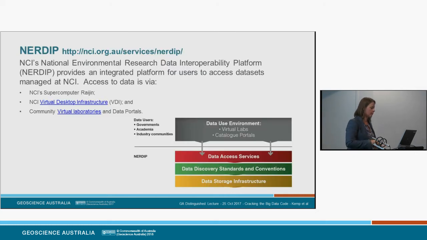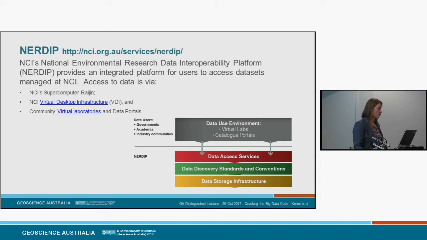So let's talk a little bit about the NCI. The NCI have their National Environmental Research Data Interoperability Platform, where they are trying to make data available. They are providing data storage infrastructure, data discovery standards and conventions, and data access and services, so that the data can be accessed via virtual labs, catalogues and portals.